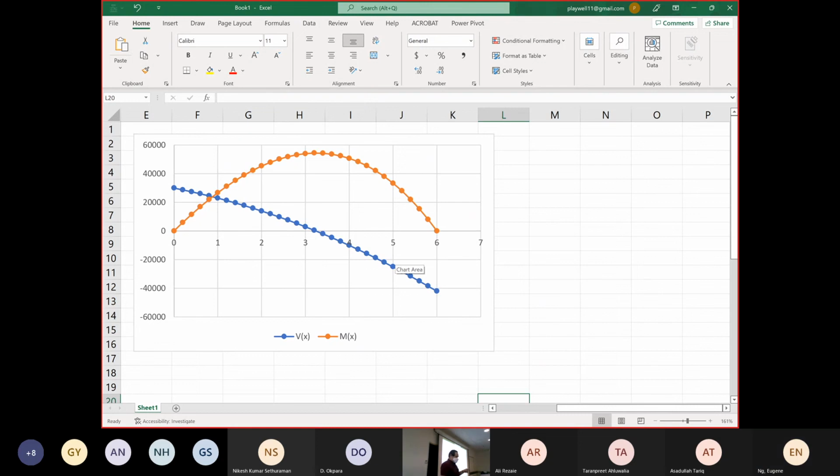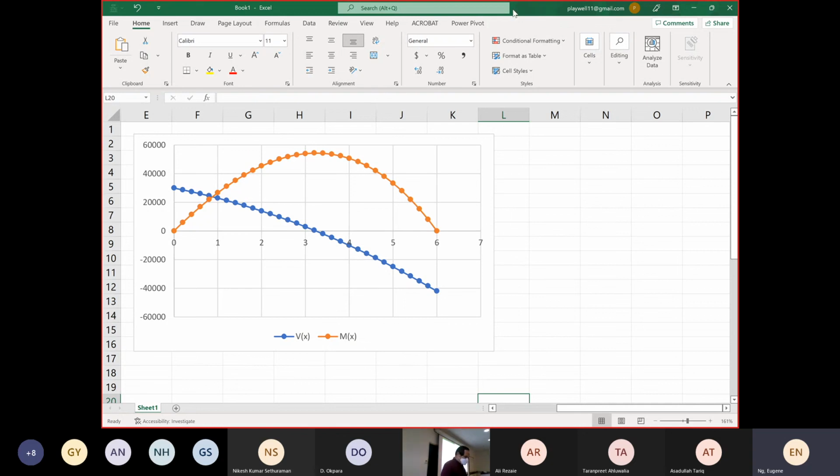The orange is the distribution for the bending moment. And you will see that when x is equal to 6, the moment is equal to 0. Then this is correct.